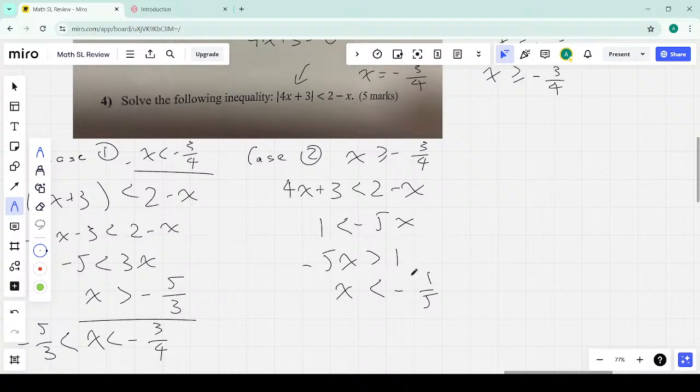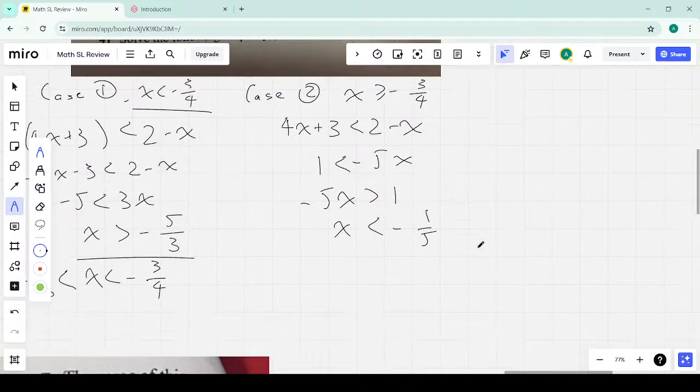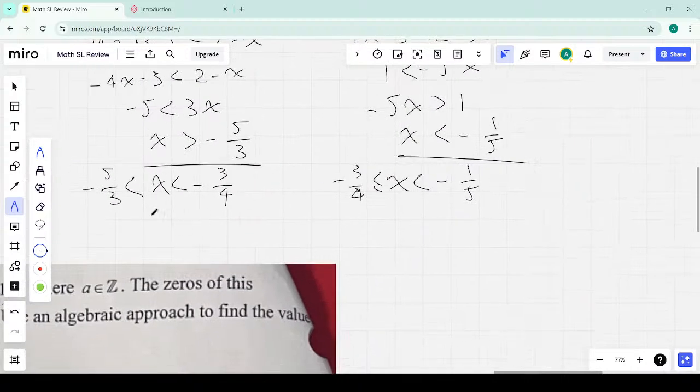The sign changes since we're dividing by a negative number. So x greater than or equal to negative 3 over 4, smaller than negative 1/5. Once again, there is a range, but make sure to take both conditions into consideration. Finally, we can merge these two conditions, and that would give x greater than negative 5 over 3, smaller than negative 1/5.